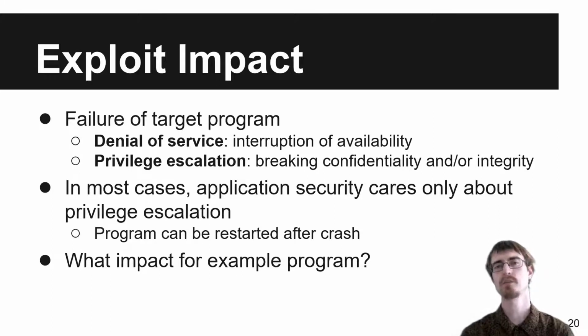However, for a simple program that has no ties to external hardware that threatens lives or is critical for things to function, in these typical cases, a program can simply be restarted after it crashes. And in this case, denial of service doesn't matter too much. So we care primarily about privilege escalation.